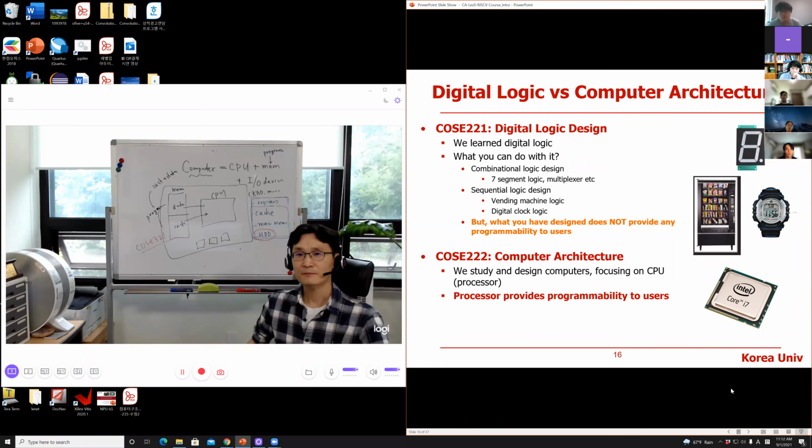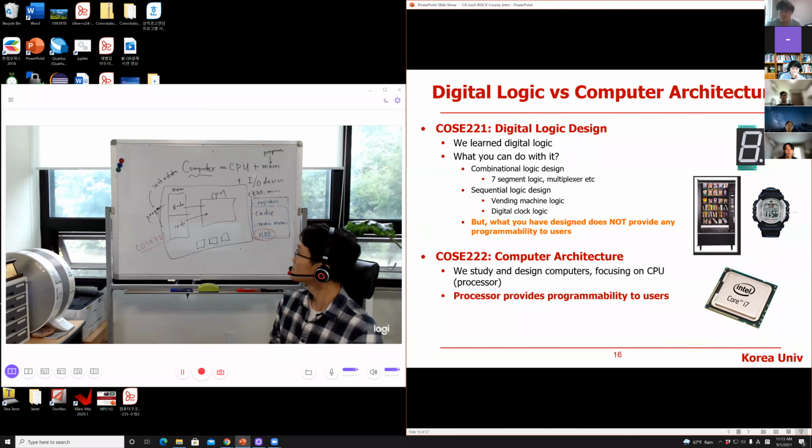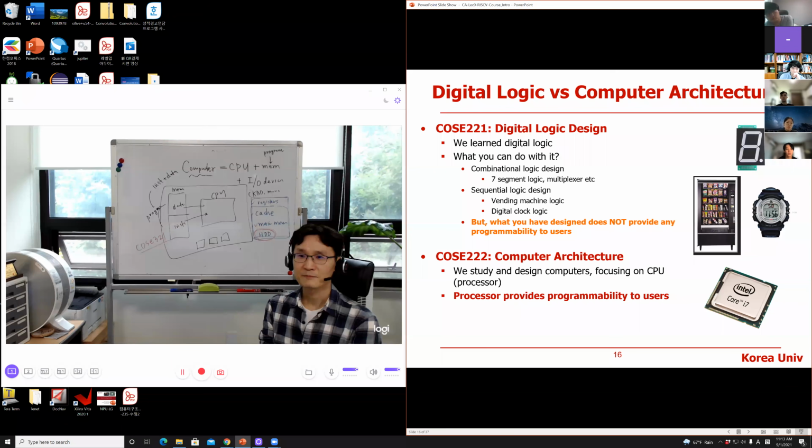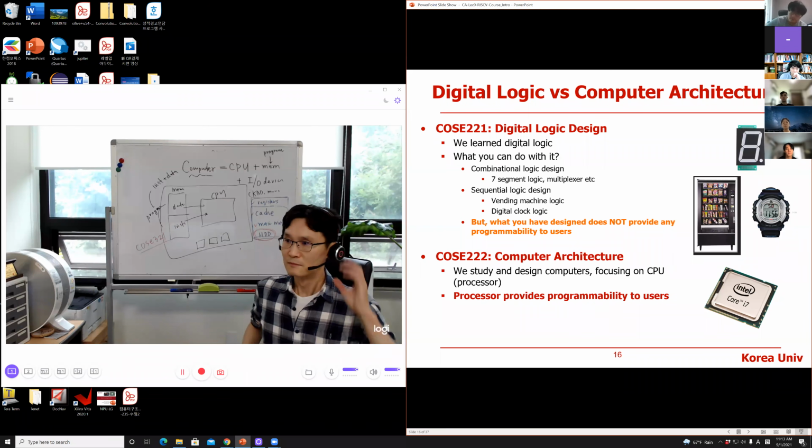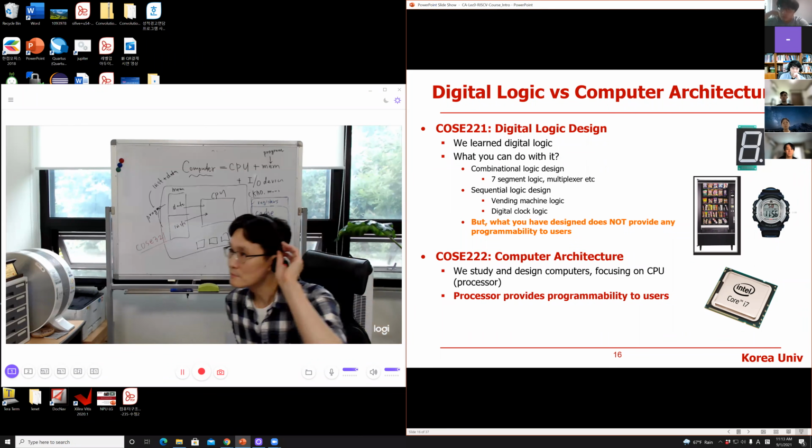We learned combinational logic design, composed of a 7-segment logic and multiplexer, and sequential logic design, composed of vending machine logic and digital clock logic.